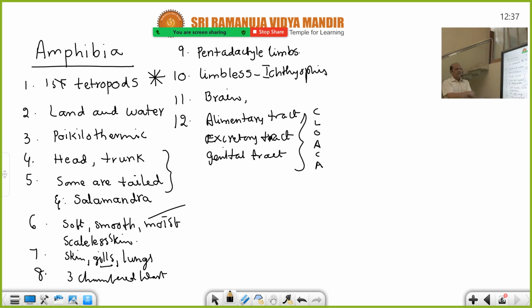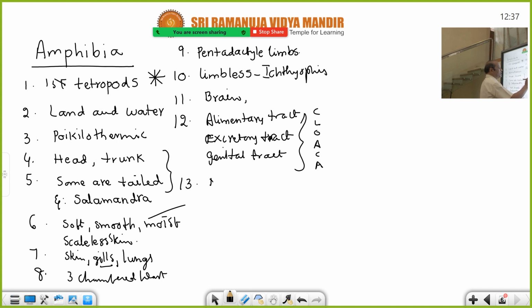It starts in the amphibia. Till birds it is continued, but in mammals there is no cloaca. So, one of the following vertebrates in which cloaca is absent. Small things generally we ignore, but we should not ignore. Cloaca.